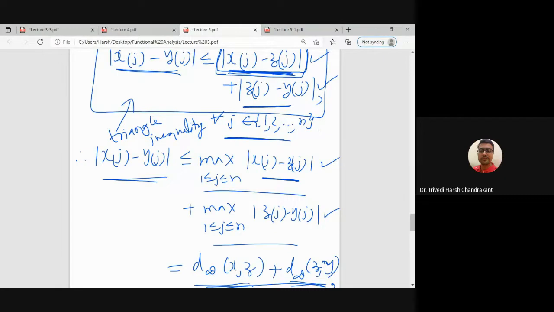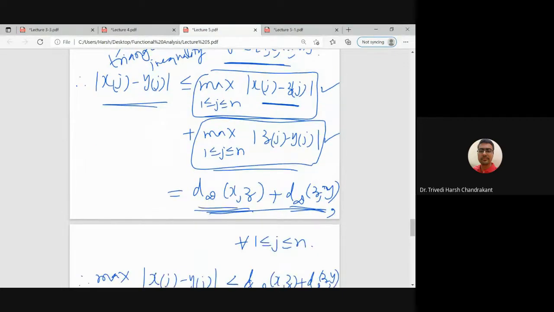So each |zj minus yj| is less than or equal to the maximum of all such numbers. So what is this quantity? This quantity is basically d infinity of x, z, and this is d infinity of y, z, by the definition of d infinity.